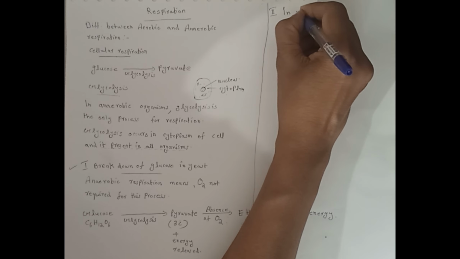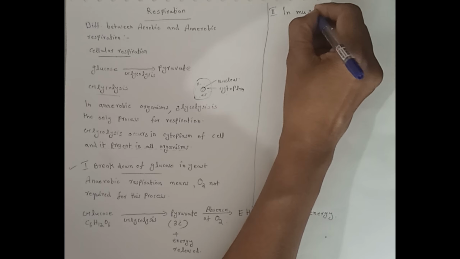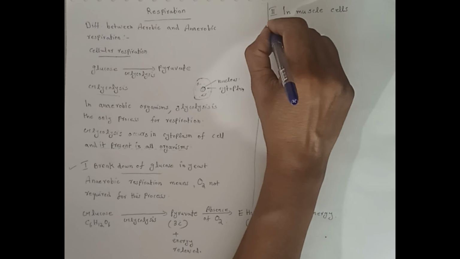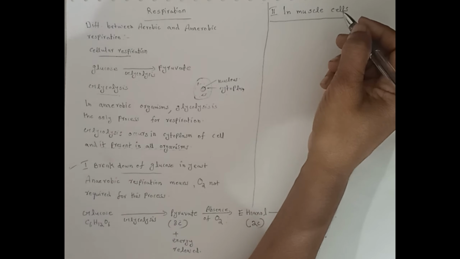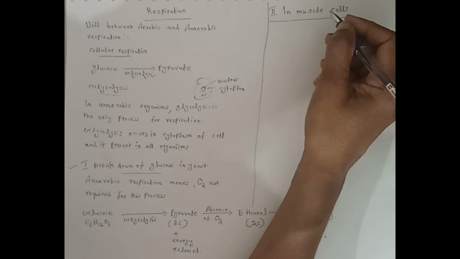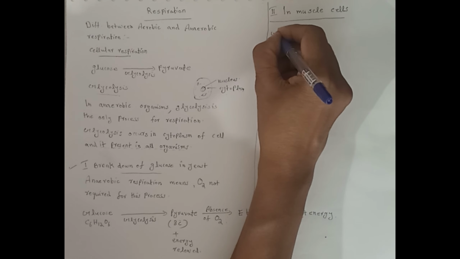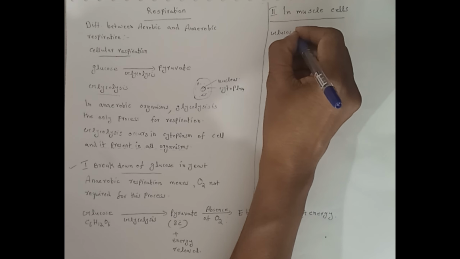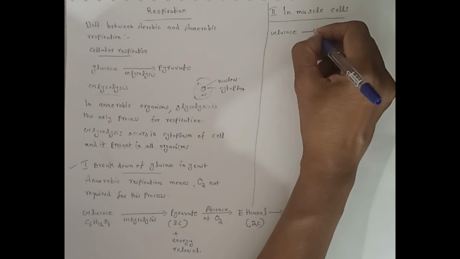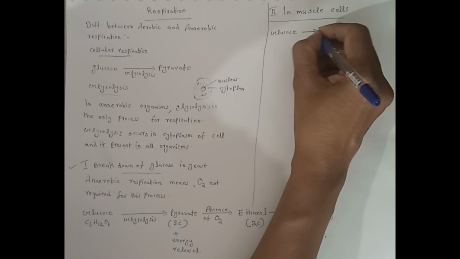In muscle cells, the first step is common: glucose is converted to pyruvate by glycolysis.